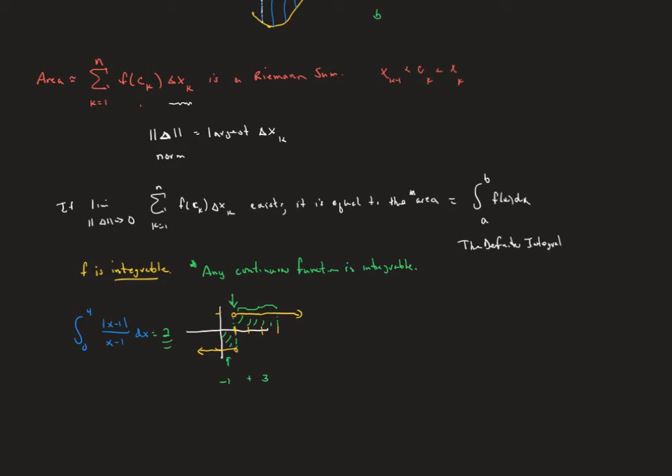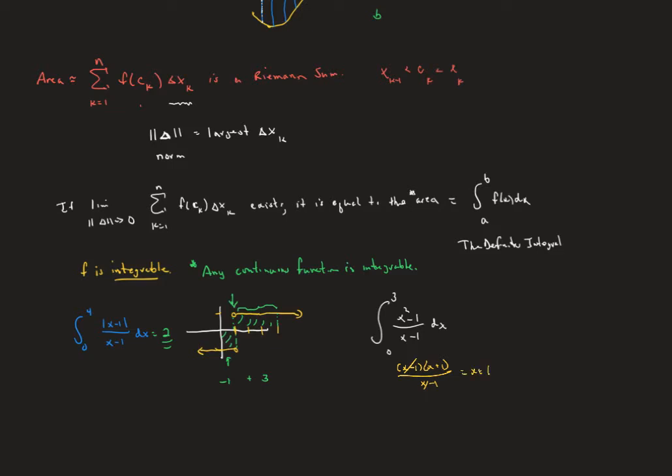Now, another one we could do is the integral of x squared minus 1 over x minus 1 dx, from 0 to 3. You might see that there is a problem at x equals 1 because it's going to be undefined. But if we factor that numerator, we can see that it will cancel.